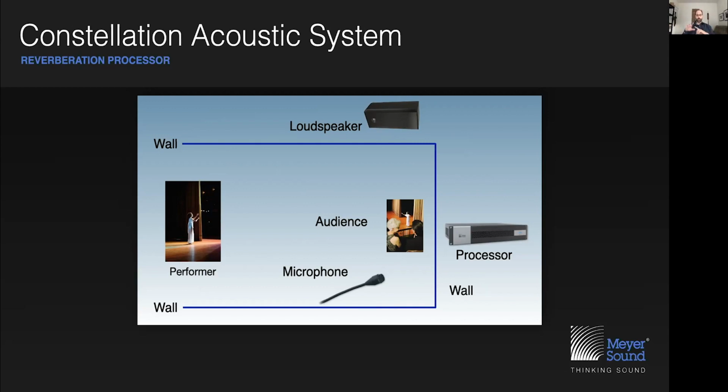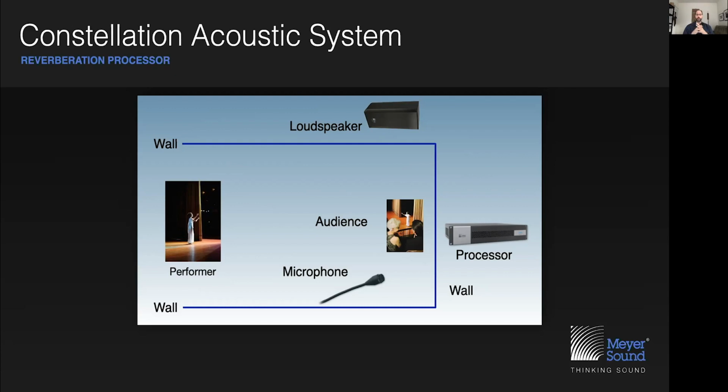It's going to be sent to the processor, and that processor has an electronic reverberator, and it's going to mix the sound of the room itself with this electronic reverberator, and then send that sound back through the loudspeaker. That sound will now go back into the room, back into the microphone through the processor, and that process regenerates itself. So we call that the non-inline process.